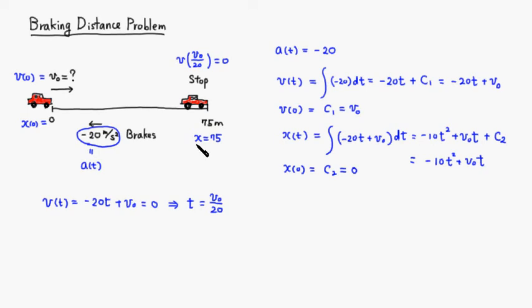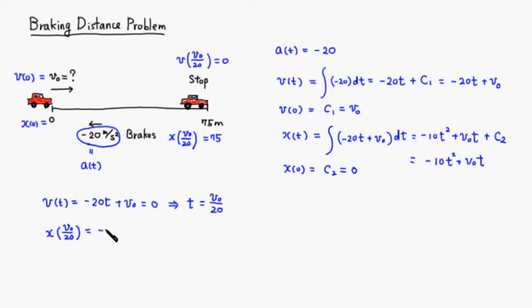Distance wise, we know that x of v0 over 20 should give you 75 meters. So let's solve that equation. We plug in t equals v0 over 20 into x of t.